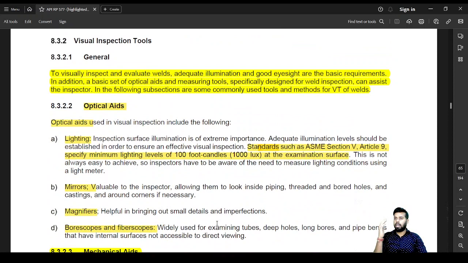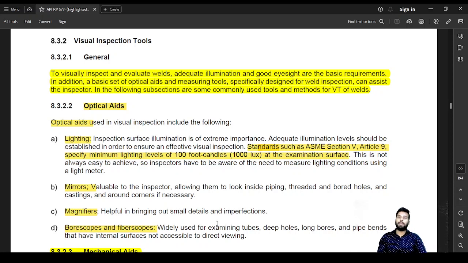Visual testing tools. Now, visual testing is much easier to do because you just need an inspector and you just need the inspector to see the part and the assessment can be done. But if you want to see things clearly, if the area is not accessible, or if you want to magnify the image, in that case some visual aids or tools are required.